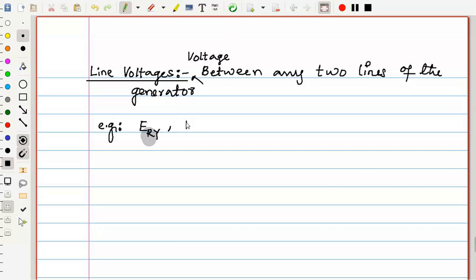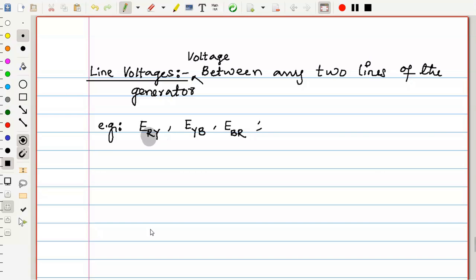Similarly, E YB means Y to B. Similarly, E BR. You can consider it in reverse also, nothing wrong in it, as like this: E BY, E RB. It's your wish, but this is a systematic pattern we are following: first to second, second to third, third to first.